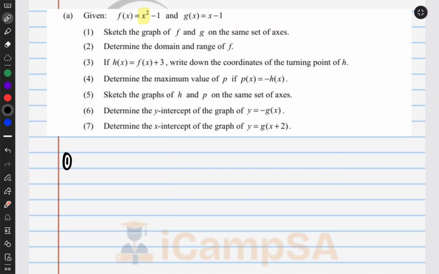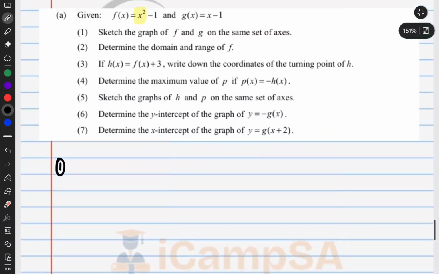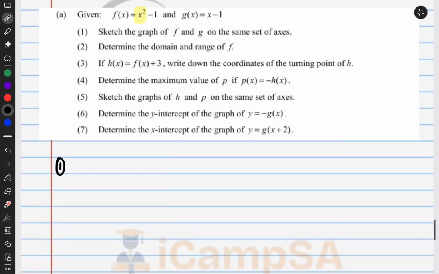That will give you 3 points that you can use to sketch your function. So I think it's worth understanding how to do that, because when you move forward, you won't be inputting 3 random values in order to sketch a function. You must know how to find the turning point from the equation, and also find the x-intercept.